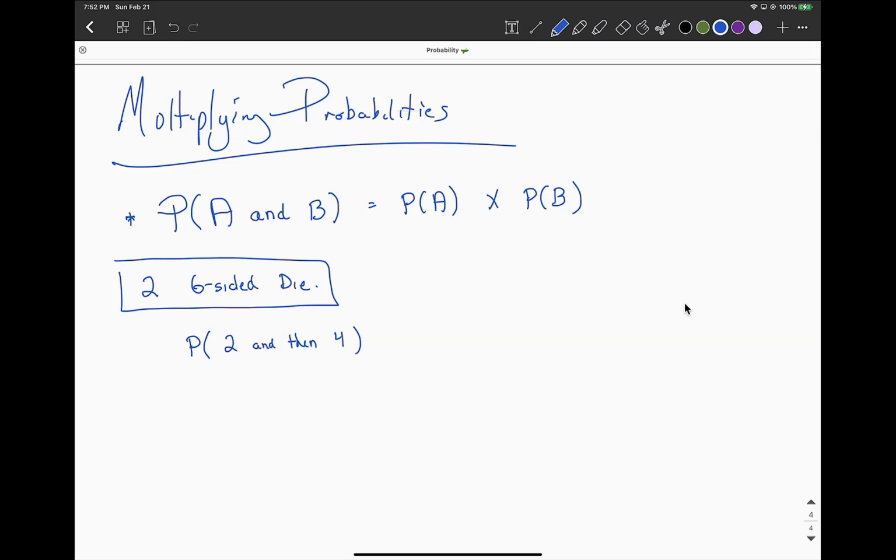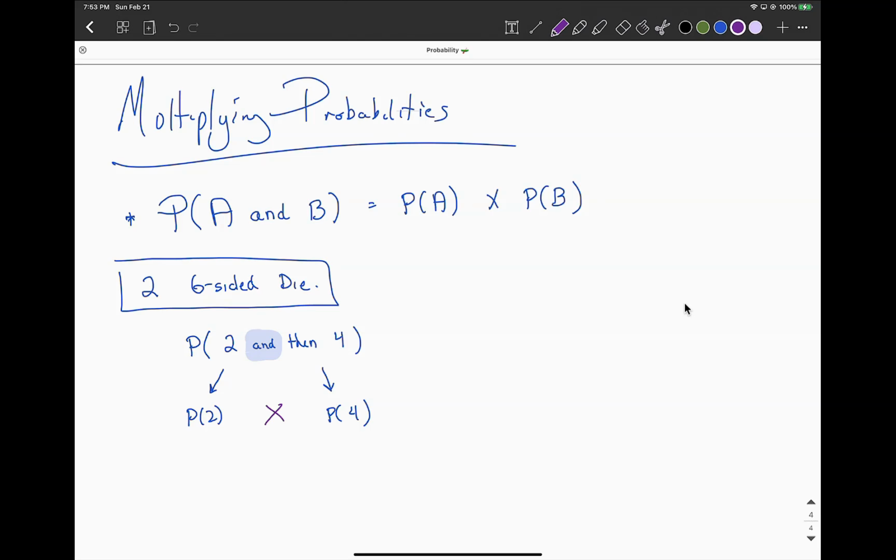The "and" kind of gives it away: all I have to know is the probability of rolling a 2, the probability of rolling a 4, and I can multiply them.